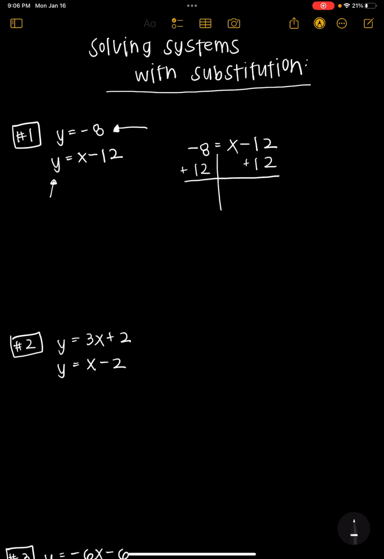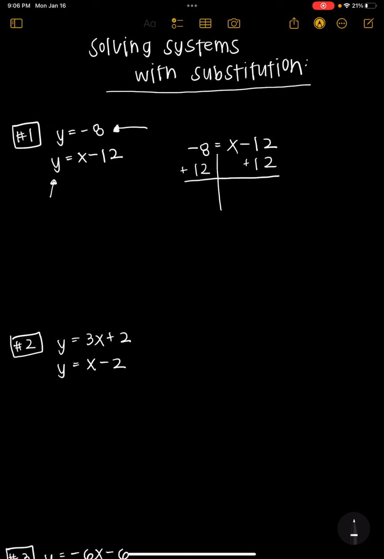So I'm going to replace this y with 3x plus 2. So I'll say 3x plus 2 equals x minus 2. I just replaced the y with 3x plus 2.